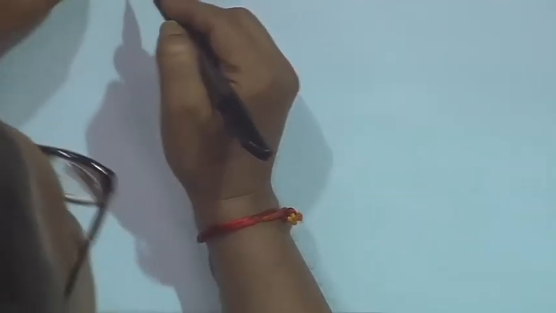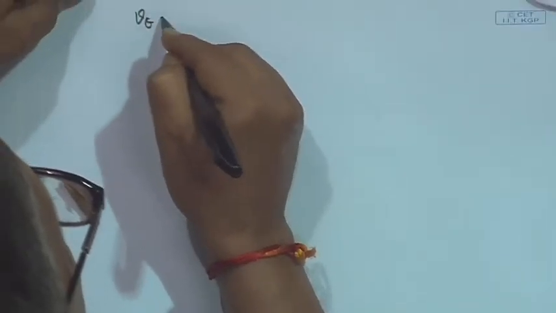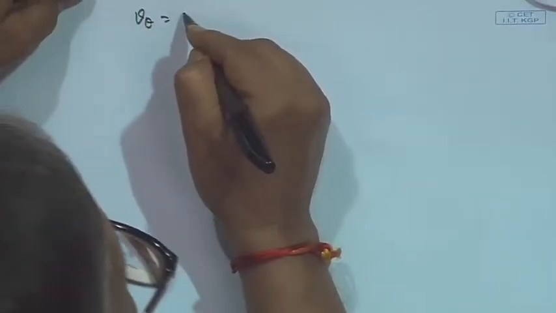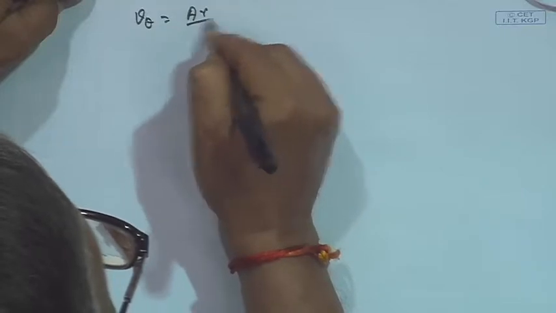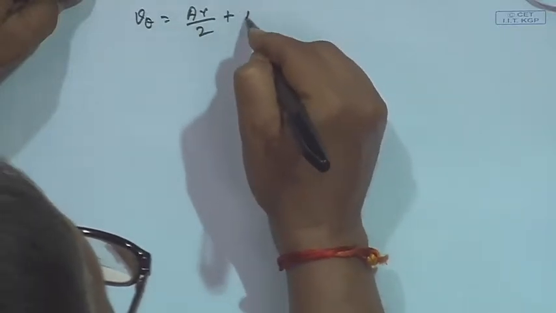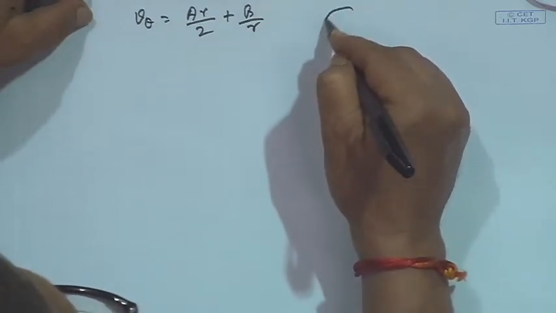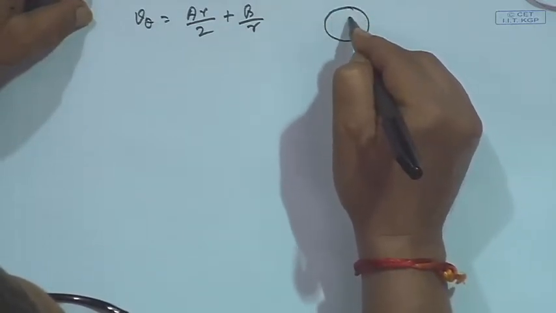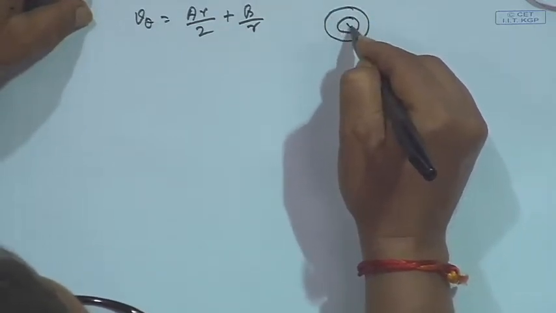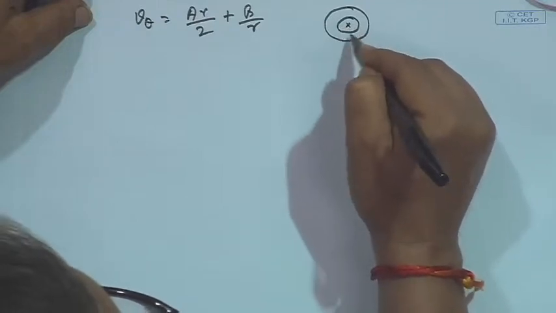So, we are then taking equation A as V theta equals A R by 2 plus B by R, right. Now, the boundary condition. So, this is the outer, this is the inner, this is the center.